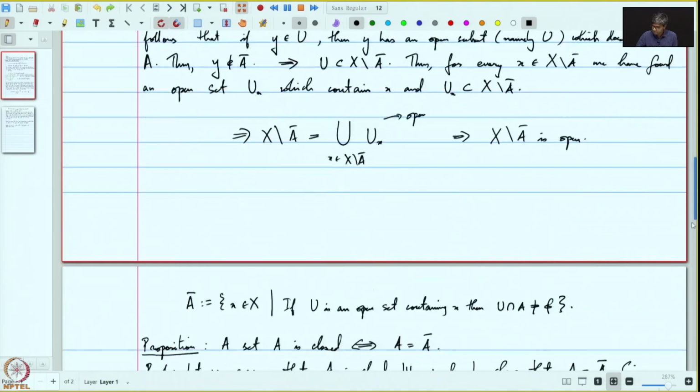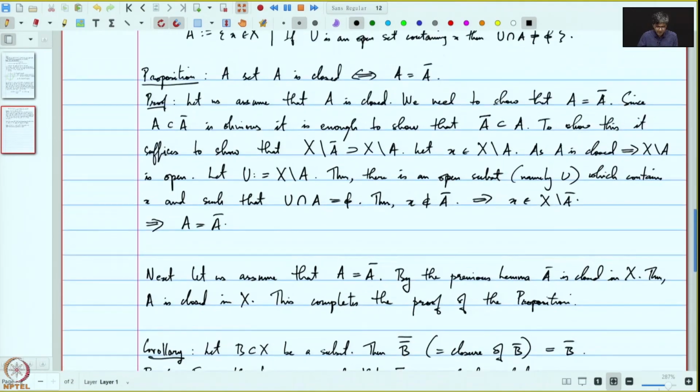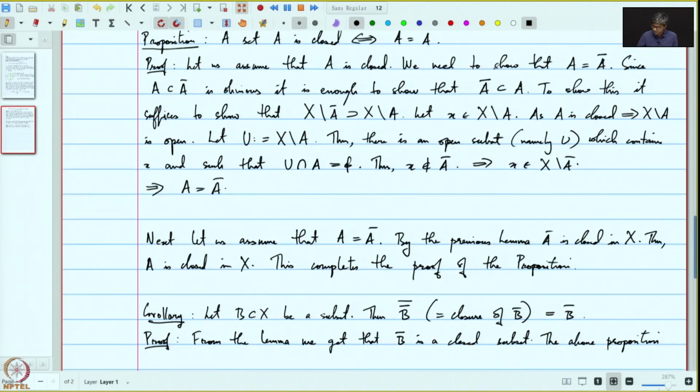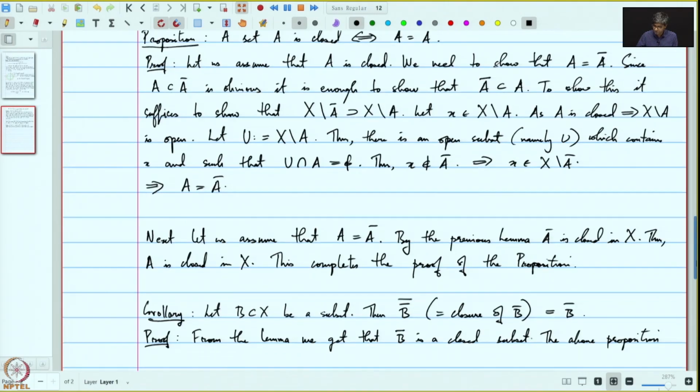So applying this lemma, we get that B closure is a closed subset, right? And this proposition, the above proposition, says that B closure is closed implies B closure is equal to B closure closure.